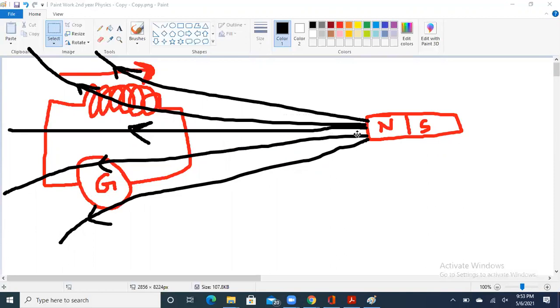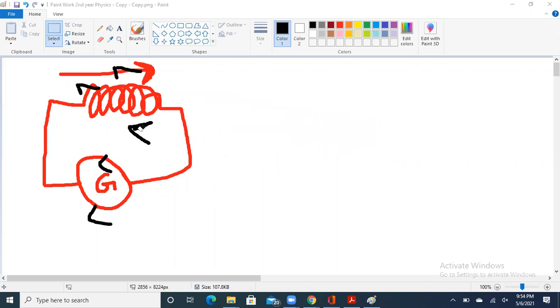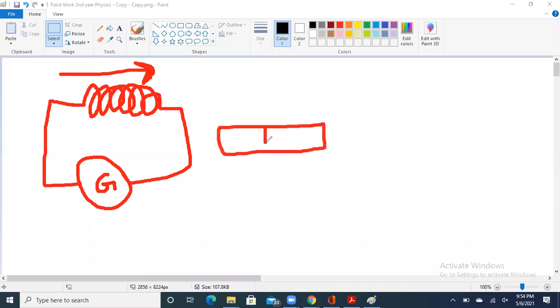Okay, I have to make it again. Now this magnet is moving towards the coil, from right to left in this direction.